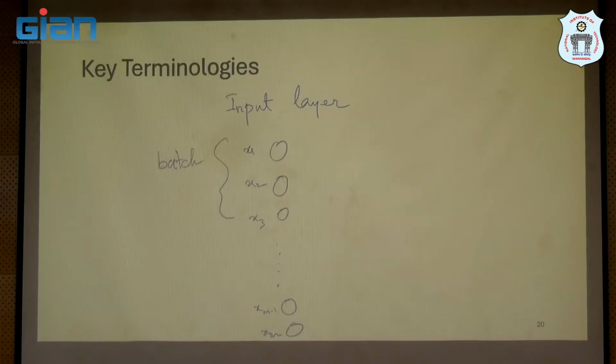So if you have a lot of features, you can divide them into smaller batches. Usually the batches are uniformly divided, and therefore if there are n batches, m divided by n will give the number of elements in each batch. Okay.